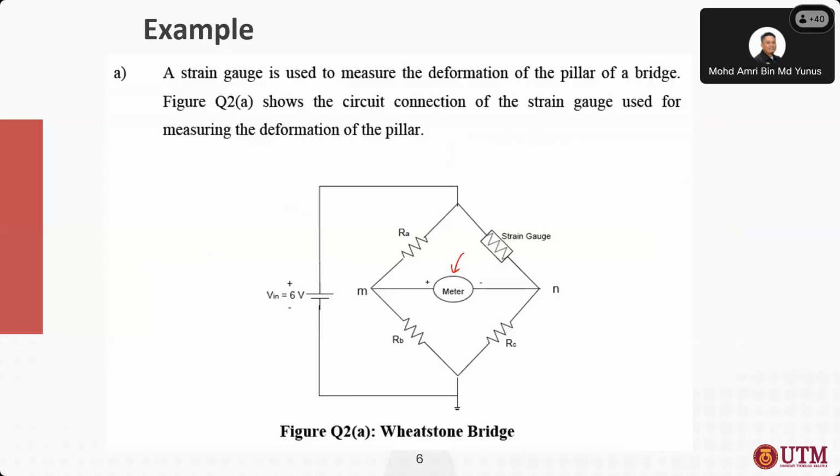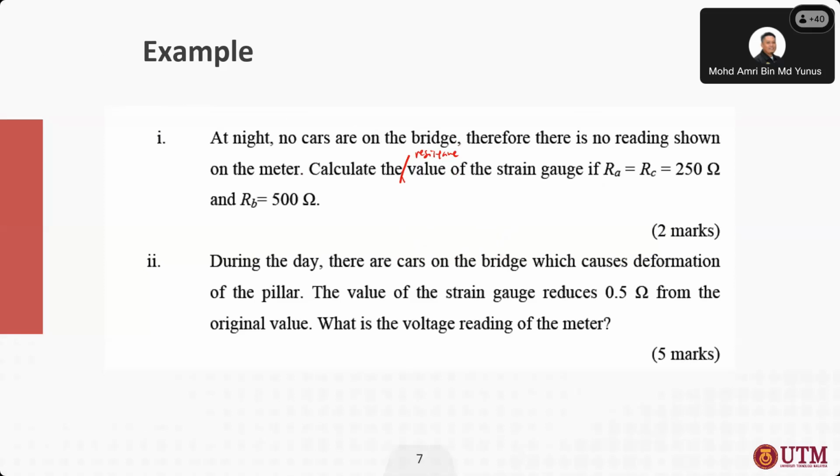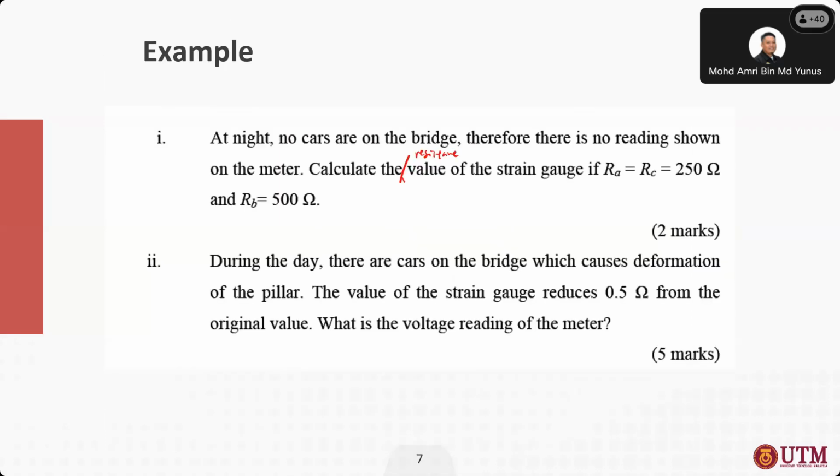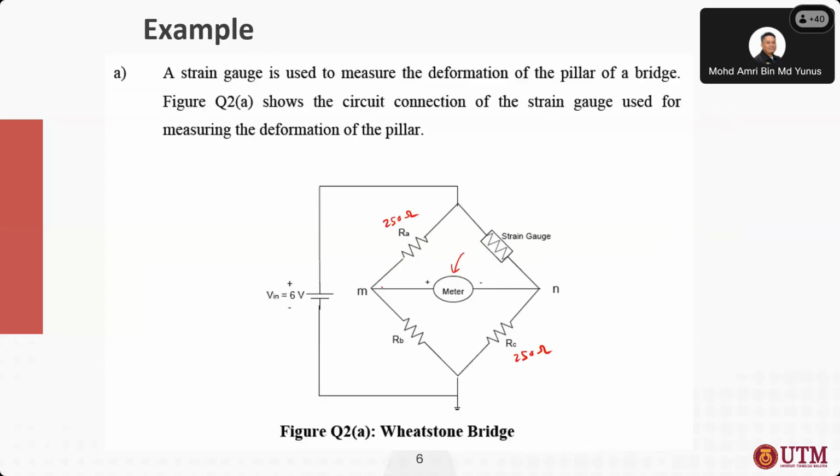So let's see. RA and RC are 250 ohm, and RB is 500 ohm.